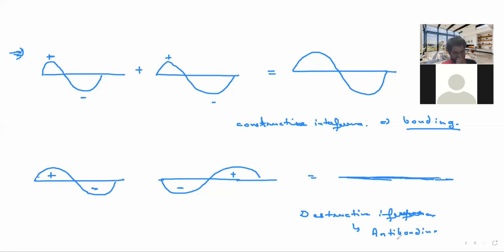So whenever any molecule is getting formed, the molecule has both things. Molecules have constructive interference as well as destructive interference. So both types, bonding and anti-bonding, will be there. What I'm saying, you will understand by this.